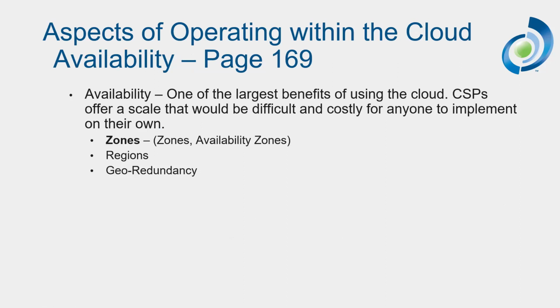And then the last one we talked about there was availability. So one of the largest benefits of using the cloud, CSPs offer a scale that would be difficult and costly for anyone to implement on their own.